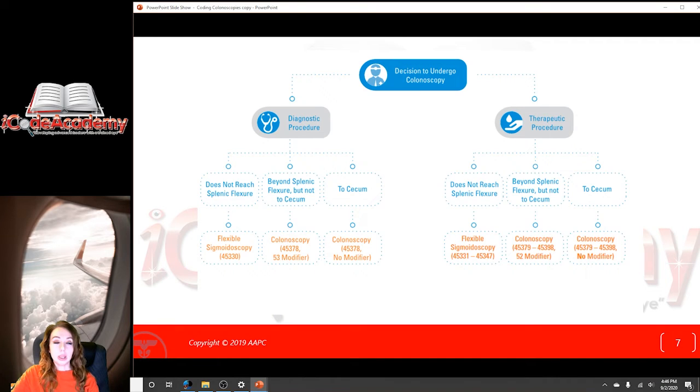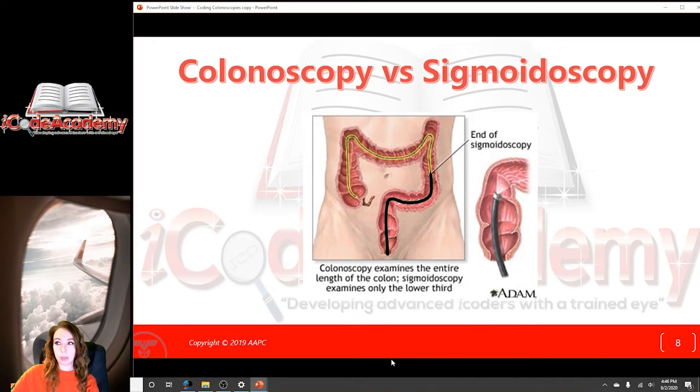But again, this decision tree and then the one in your CPT coding manual is not going to help you determine whether it is diagnostic, screening, or surveillance. But it's just going to help you determine your appropriate code selection depending on how far the procedure went through the anatomy.